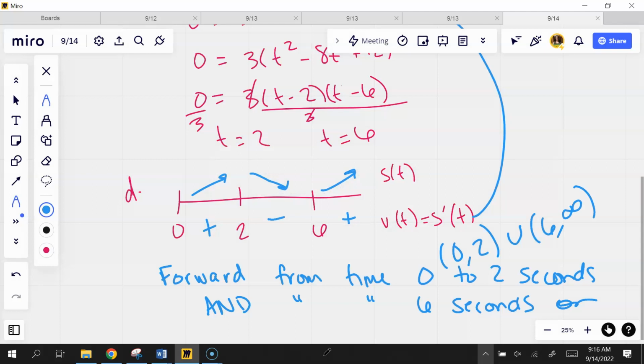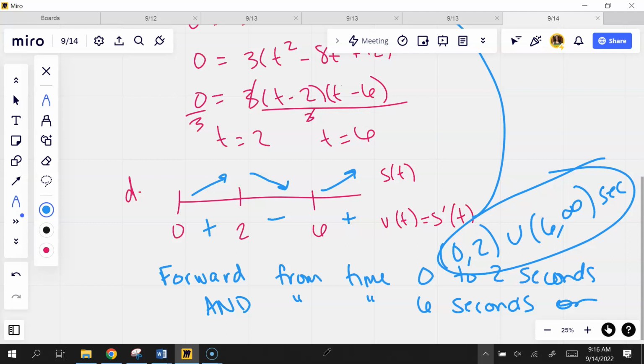Yes. Just make sure you still put your units on here as seconds, and that you still say the particle is moving forward on the interval, and then you say this so that they know.